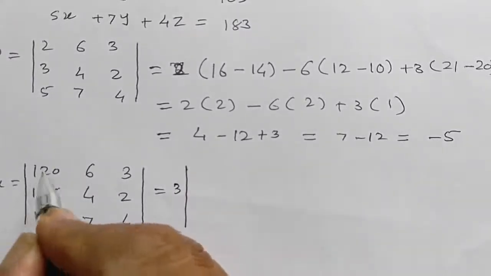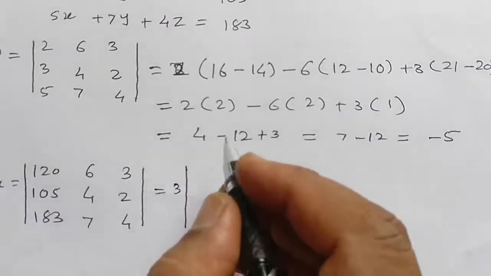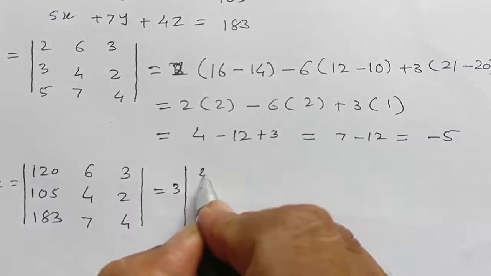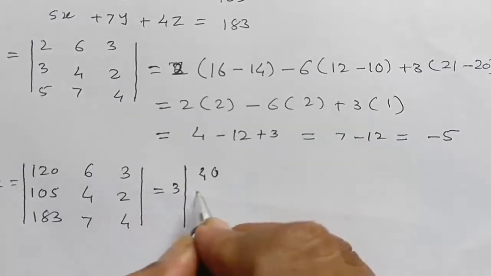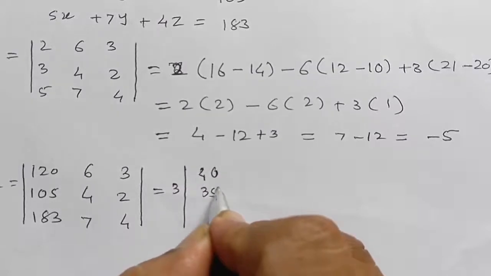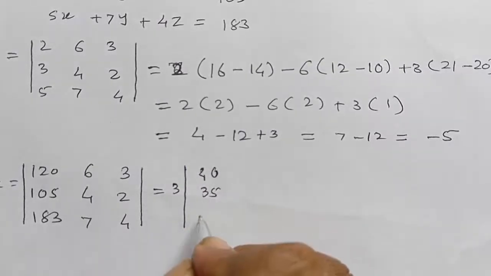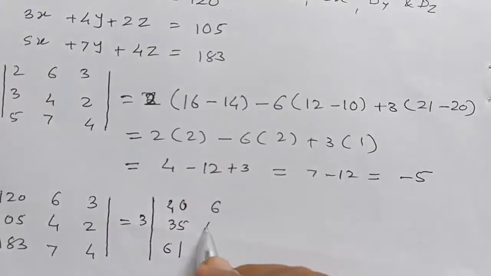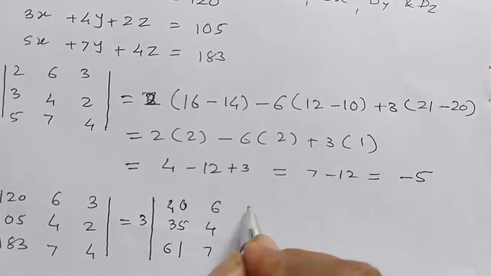We divide 120, 105, 183 by 3, it becomes 40, 35, 61. The other columns remain 6, 4, 7, 3, 2, 4.